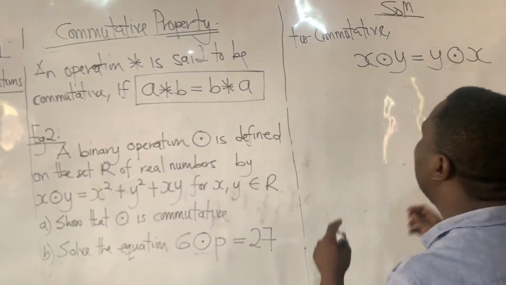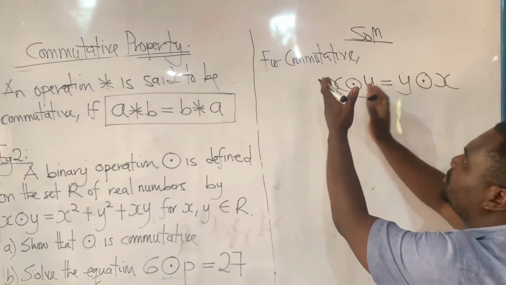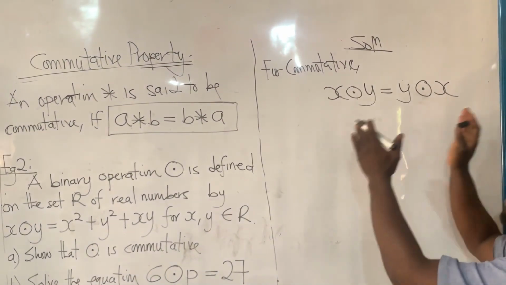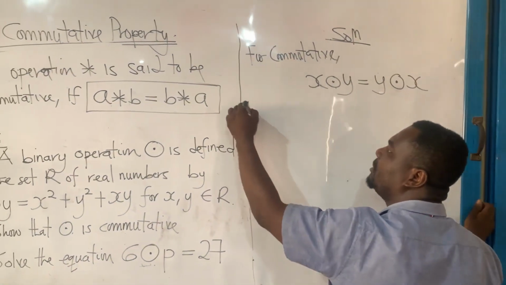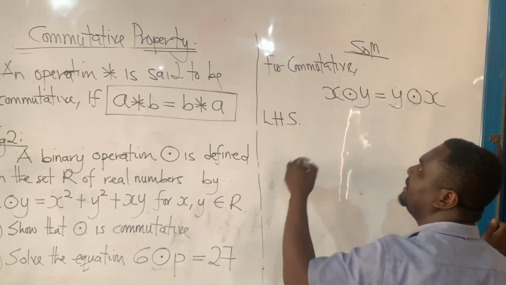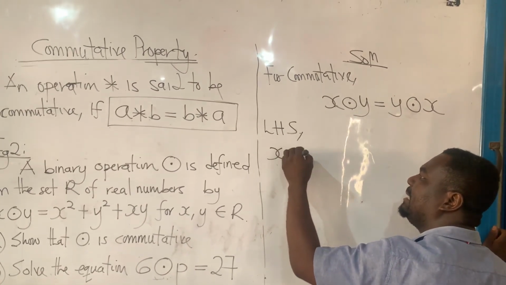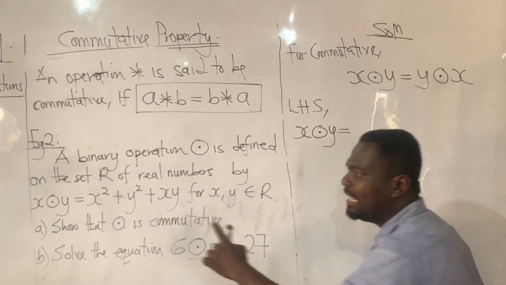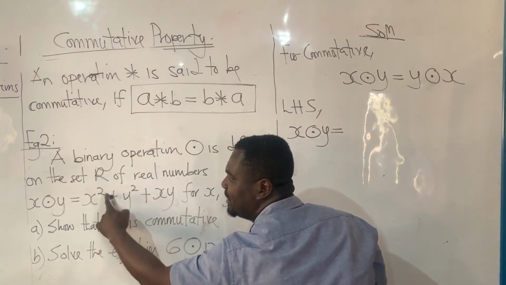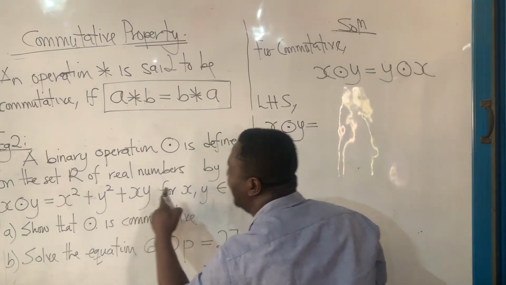Okay. And we said that once you put the condition there, you are going to solve your left and your right, then do a comparison. So first, I'm going to consider the left-hand side, which was given to me as x circle y, defined in the question as x squared plus y squared plus xy.